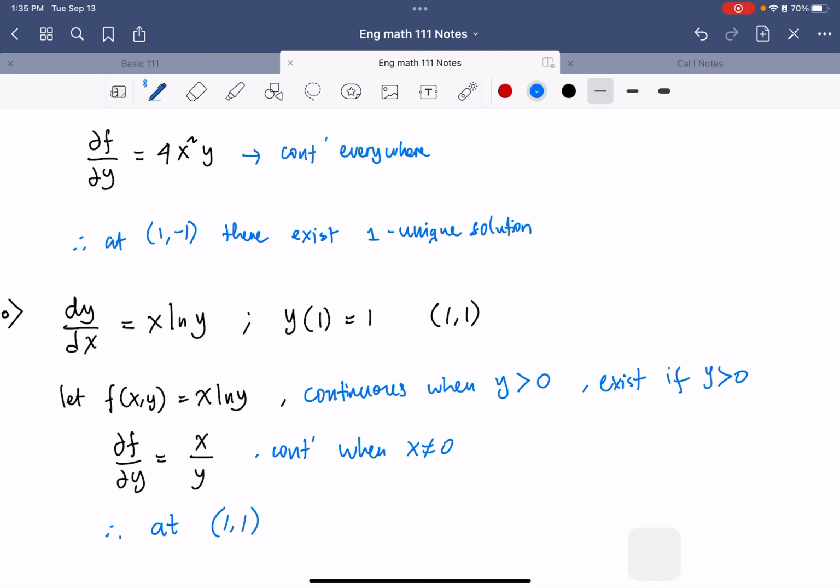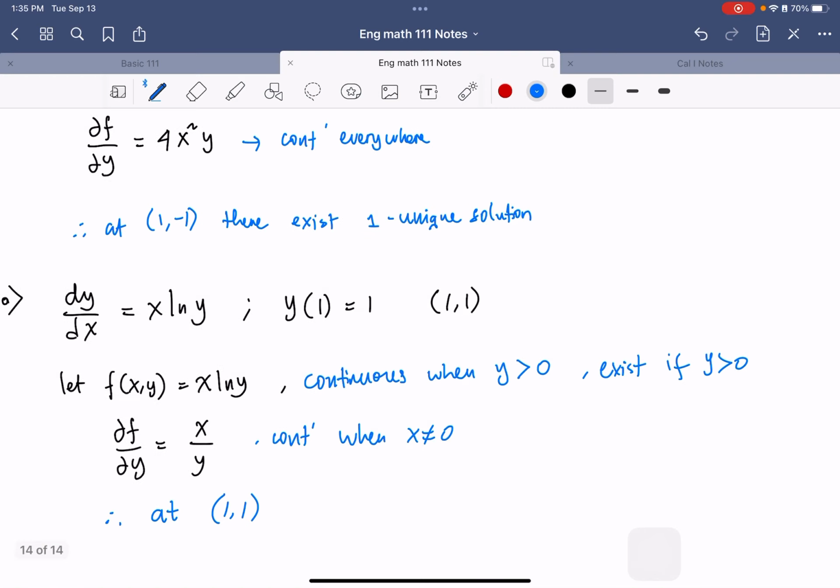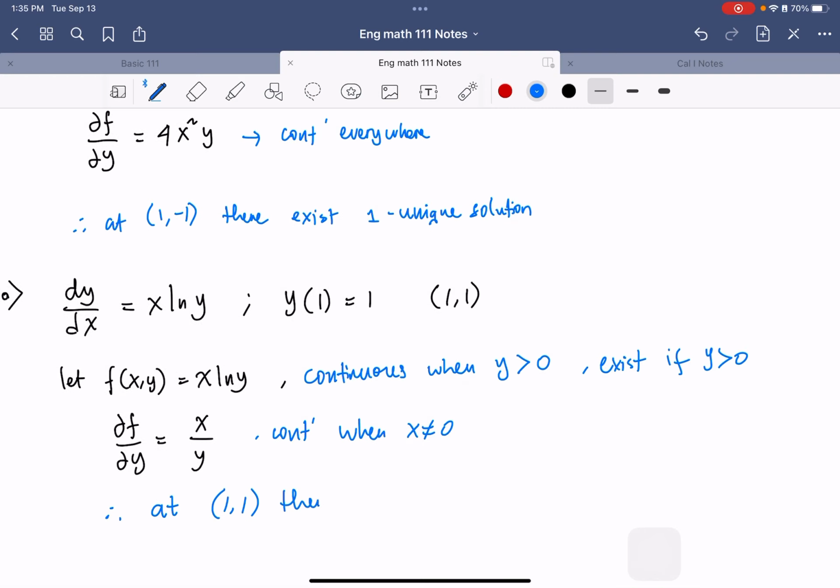It's okay. We can write there is one unique solution, because the point (1, 1) is perfectly in our rule that y is not 0 and y is positive. So 1 is positive and not 0. So it's okay. So we have one unique solution, or there exists one unique solution, okay?